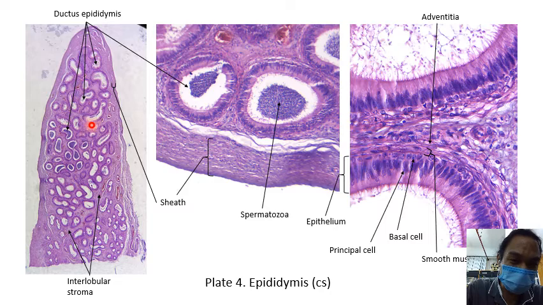And then the tube that is folded onto itself is evident here in cross sections with these irregular shapes. These are the ductus epididymis. The ductus epididymis, as we can see here, is lined by pseudostratified epithelia that have stereocilia. And as opposed to the one from the seminiferous tubule, we now see spermatozoa here.